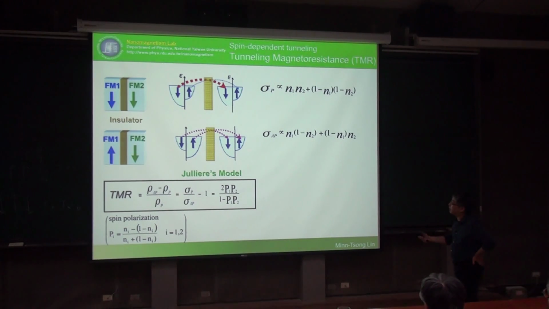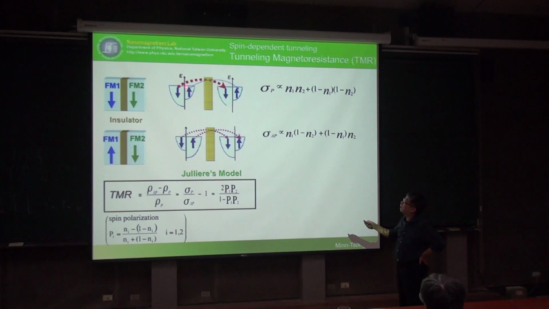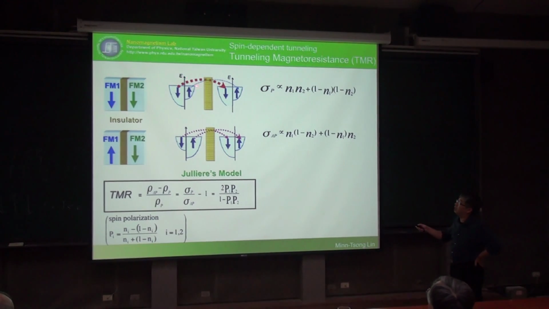Because spin-dependent tunneling is spin-conserving transport, spin down can only go to spin down, and spin up can only go to spin up. So it goes to the more occupied states. So you have a higher probability to go from this side to this side, and a lower probability to go to this side. But at least you have a channel, a higher probability of transport.